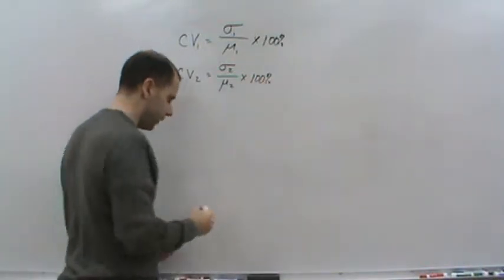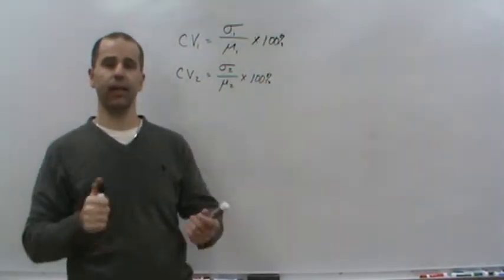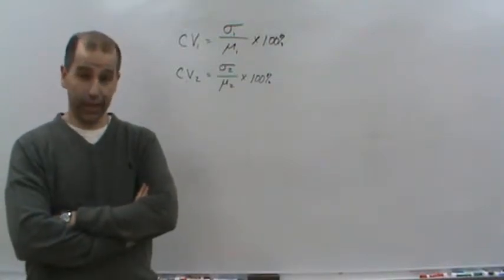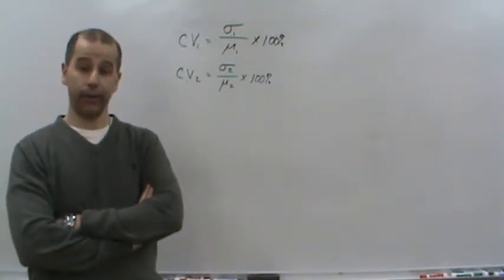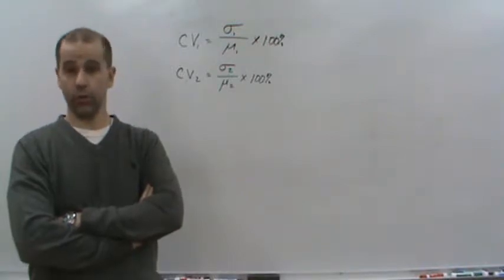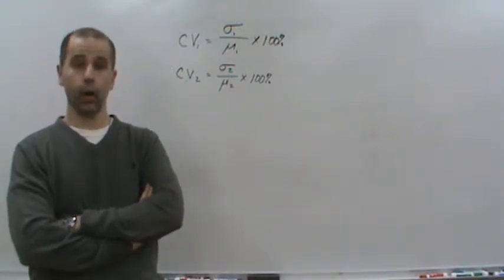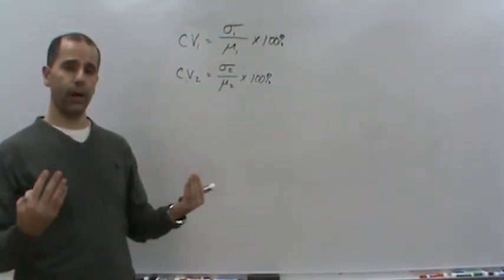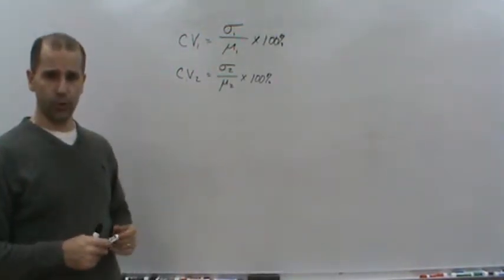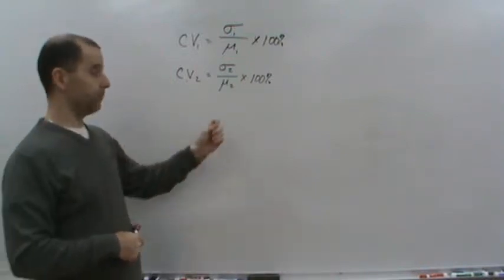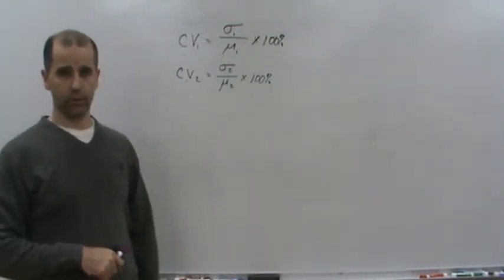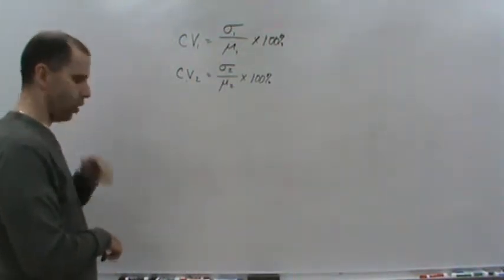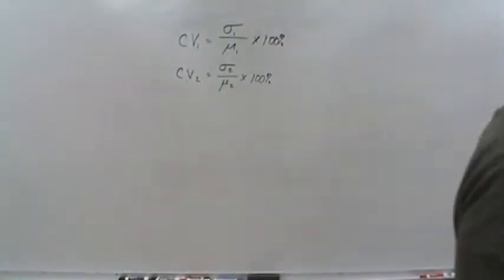Then I'm basically looking at percentages, and the one with the higher percentage has the higher variation relative to the mean. I hope that makes sense. Again, it's a very simple calculation used to do comparisons, but not often used. Still, make sure you know how to calculate it if asked to. I think that's about it for the measurements of variation.